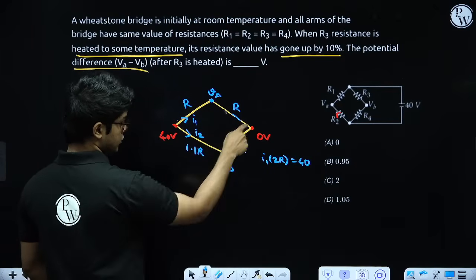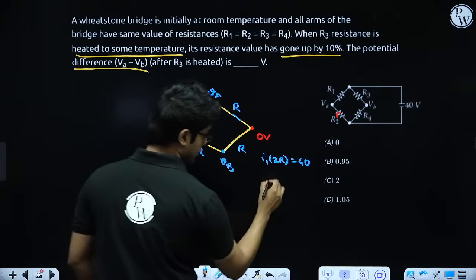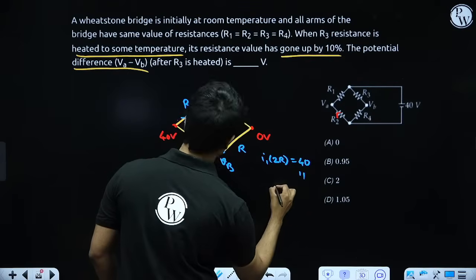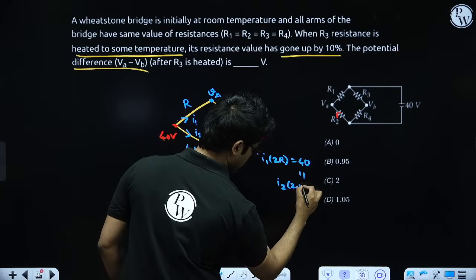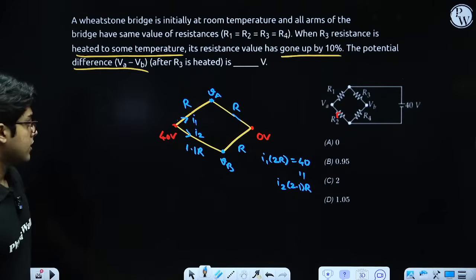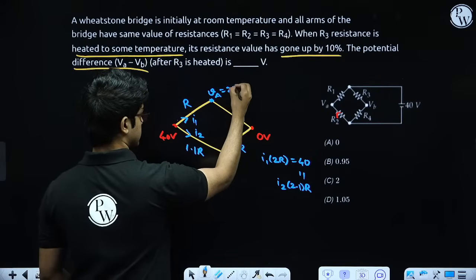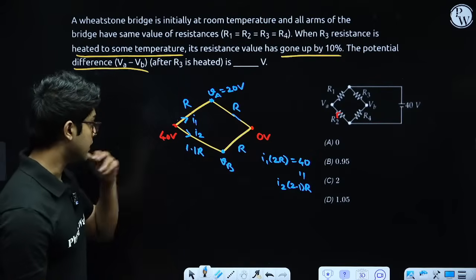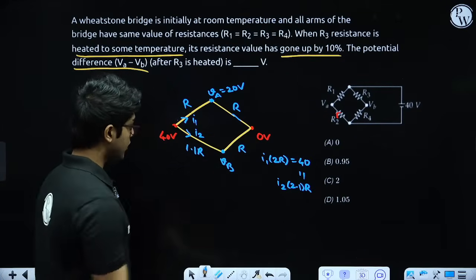And in this branch, the net resistance is 2.1 R and the current is I2, so this should also be equal to I2 into 2.1 R. By symmetry, VA is nothing but 20 volts, right? Because these 2 resistances are identical. And over here, the current is I2.